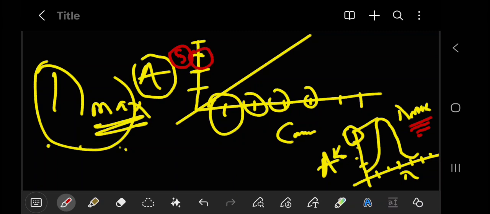Once you've located it, you extrapolate: just draw a line until it touches the straight line, then extrapolate downwards to the concentration axis. This is the x-axis, so whatever value you get here is the concentration of the absorbing species. This is how you determine the concentration of absorbing species using a UV-visible spectrophotometer.